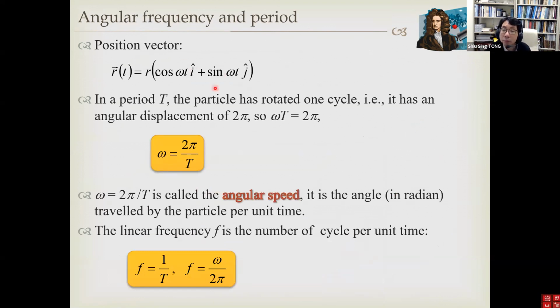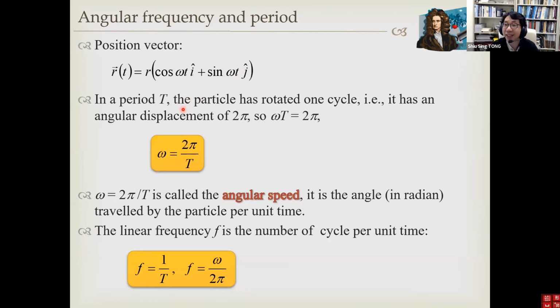Now let's look more closely at the so-called omega or angular velocity. The sine function and the cosine function repeat themselves after 360 degrees, or in radians that is 2 pi, right? And what we mean by period is that the particle will return to its initial position after a period.